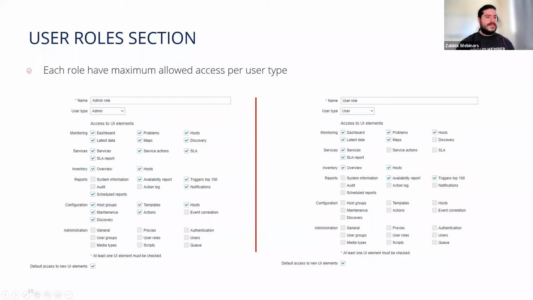We can go even further with restriction. If I take this user role here, it's set at its maximum. I cannot change it. I cannot give more power to it unless I change it to the user type of admin. But I can go further with the restrictions.